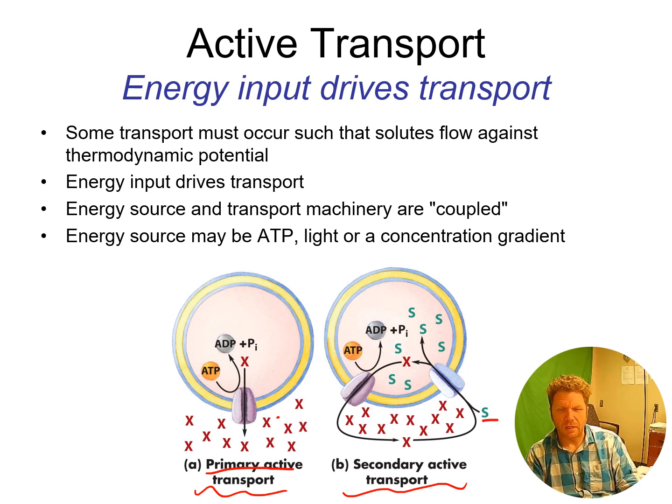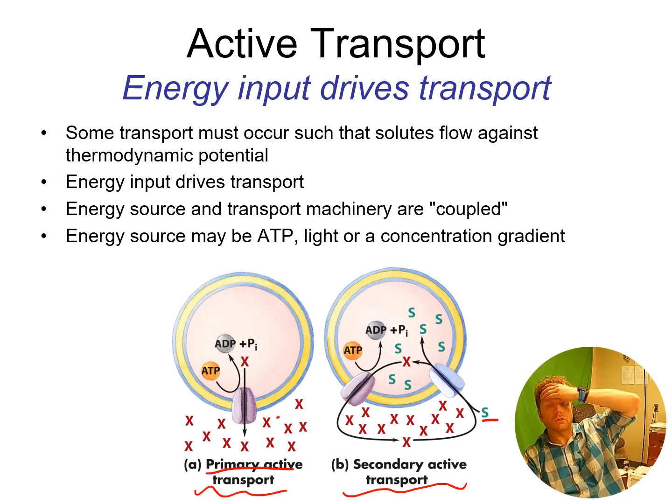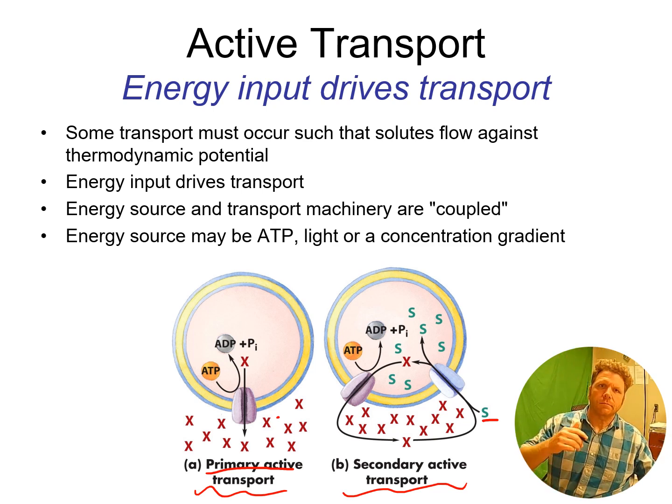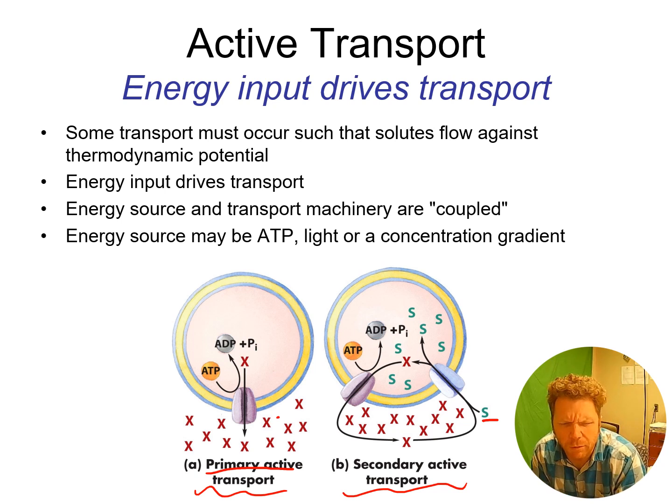So S is moving in the opposite direction. S actually has an energetic demand to get it from low to high concentration. And so then what we're doing, let me rephrase, I'll wrap it up and then I'll rephrase it. What we're doing is we're going to use a chemporter.